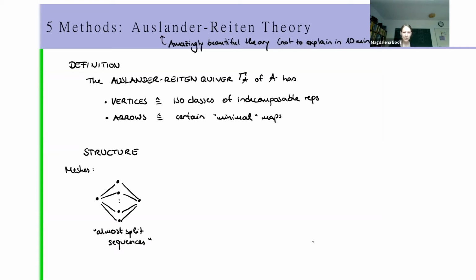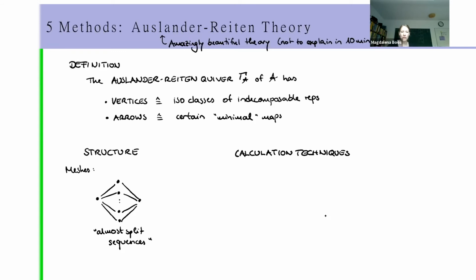These meshes of course have homological ideas behind them. They're almost split sequences, a certain kind of exact sequences which inherit all the structure of the indecomposables. It's very nice. And since these almost split sequences were studied a lot, for example by Auslander and Reiten, we have certain techniques for how to calculate this.